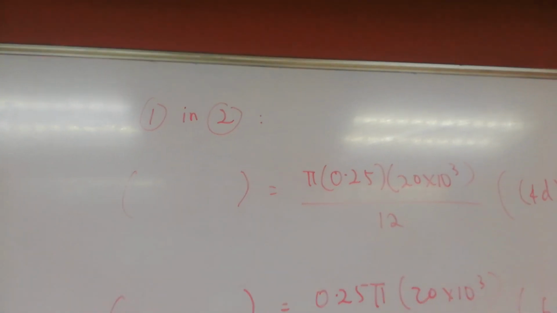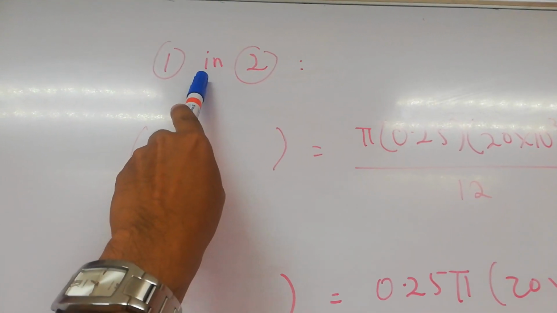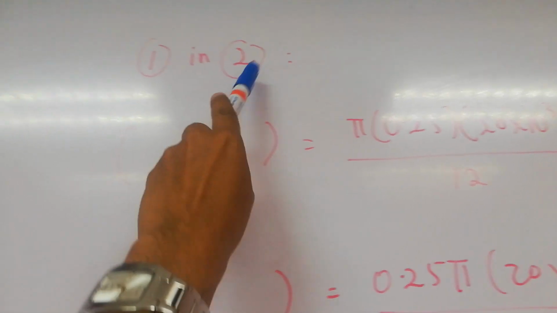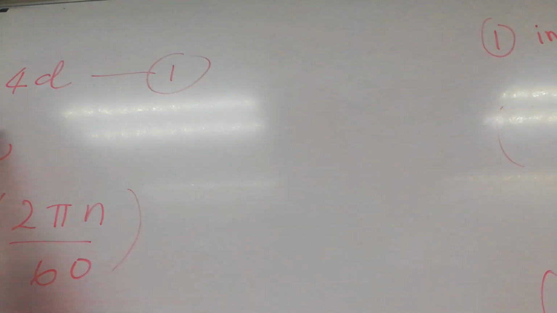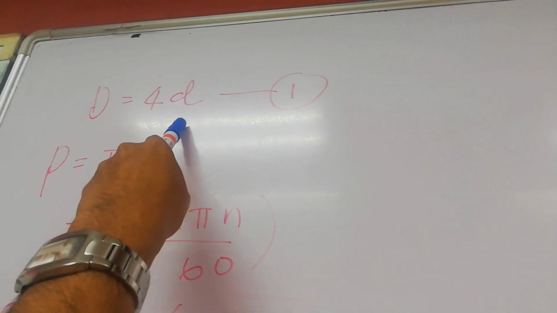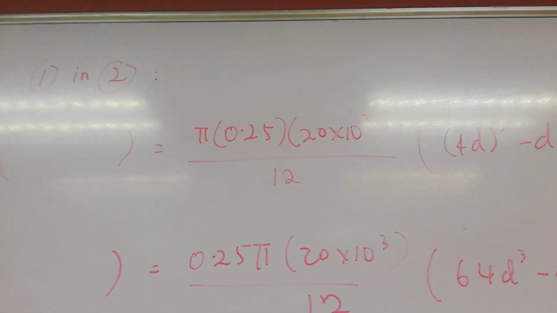So the first equation, we substitute into equation number 2. The first equation is outside diameter equal to 4 times small diameter, or inside diameter.